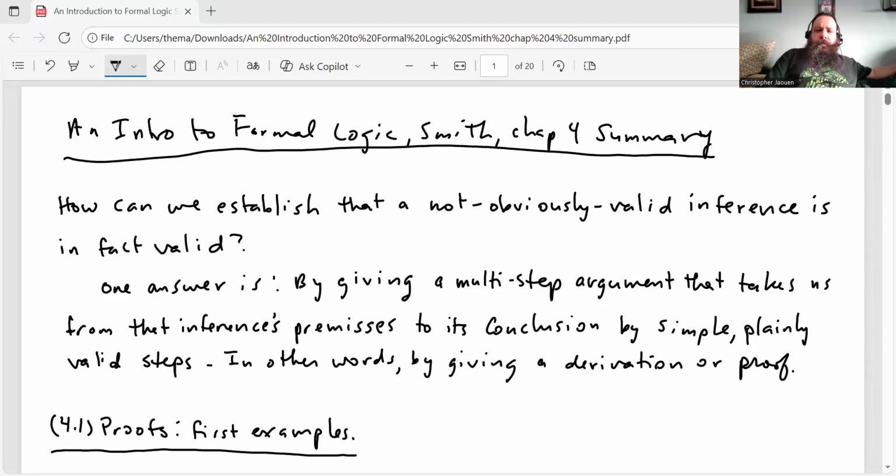While I'm doing that, let me mention that I'm not going to go over the solutions to the exercise set for this section on the channel. I'll post a link below. Peter Smith has all the solutions to the exercises that you can print out as PDFs on his website.